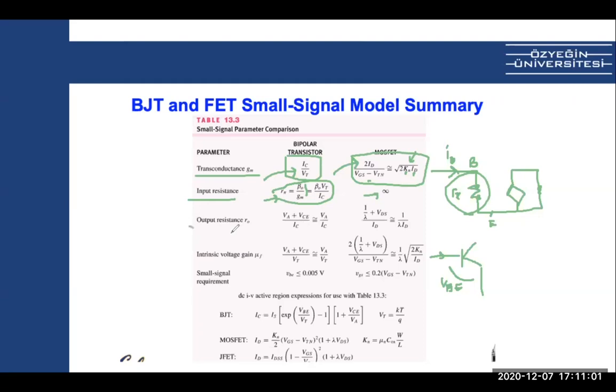And also output resistance, R0. In the BJT, we calculate it as VA over IC.